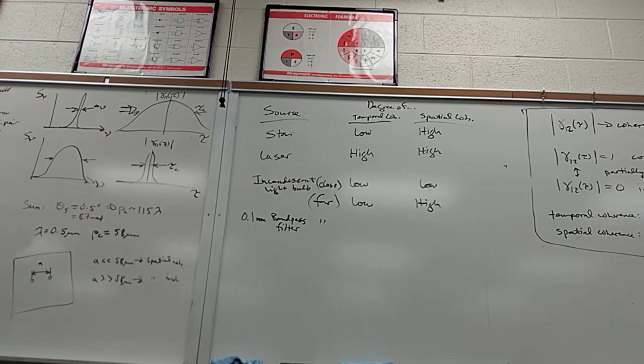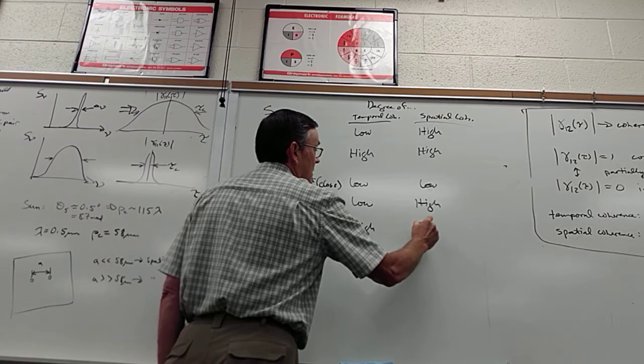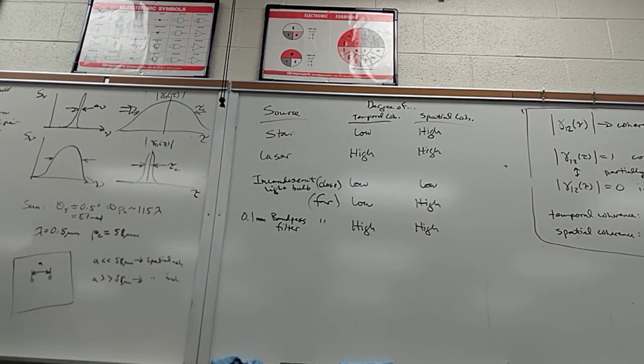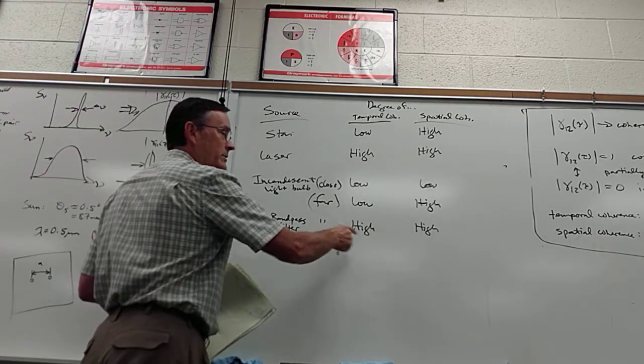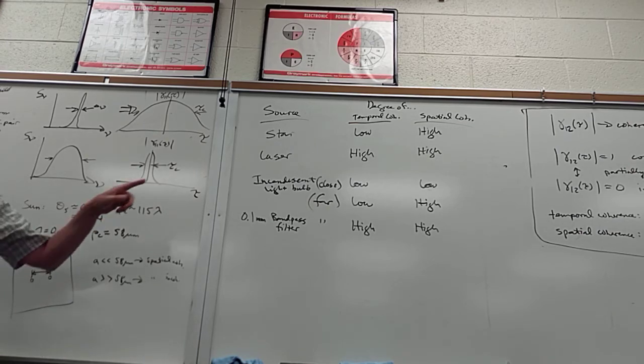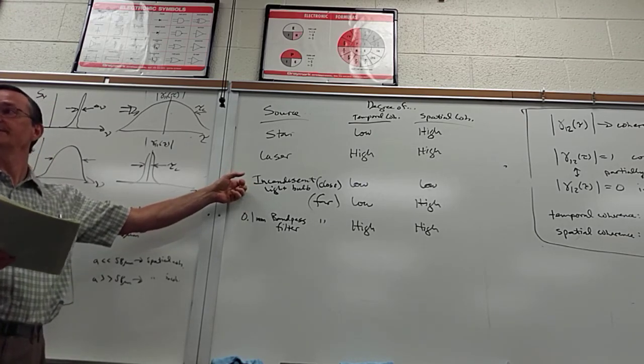High, because now I have a narrow bandwidth, and I'm still far away, so I have a high degree of spatial coherence. So how did we get this high degree of temporal coherence? Which means we threw away most of the light. Again, we can always give up efficiency to get coherence if we're starting out with a source that is just by its nature incoherent.